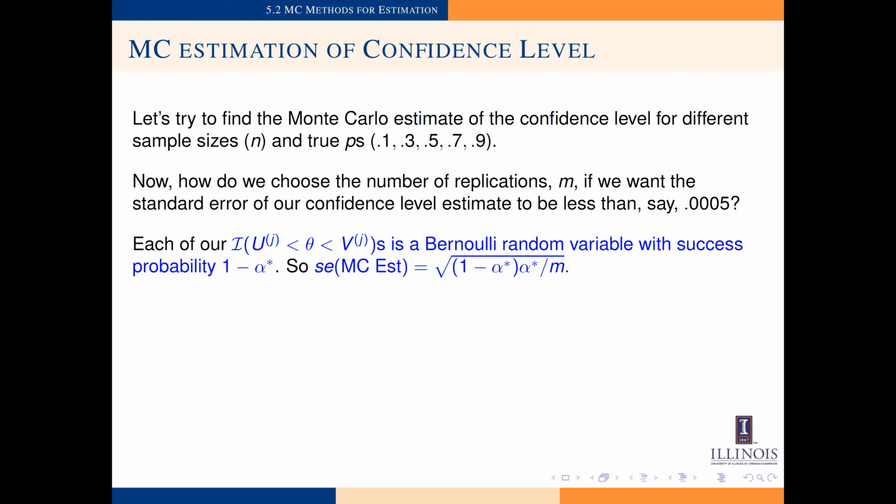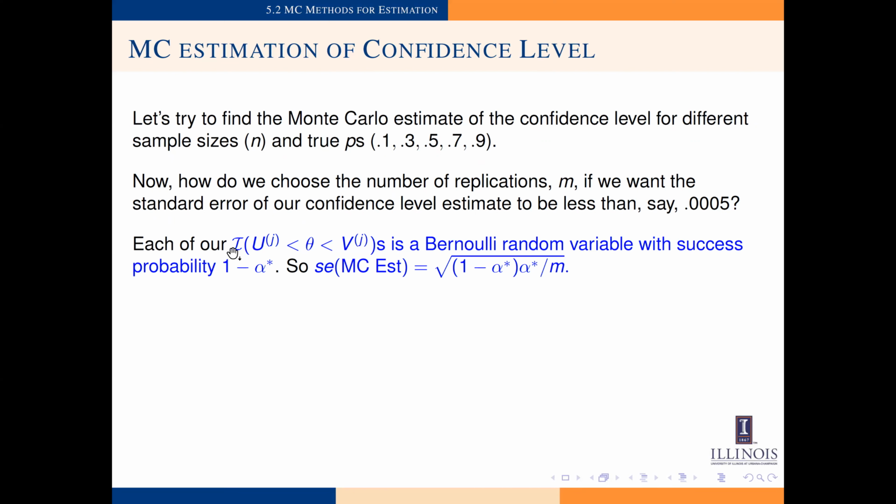Notice that each of our indicator functions, so whether theta is in the corresponding interval, is actually a Bernoulli random variable with success probability 1 minus alpha star. So 1 minus alpha star is the true confidence level that we're trying to estimate using Monte Carlo techniques.